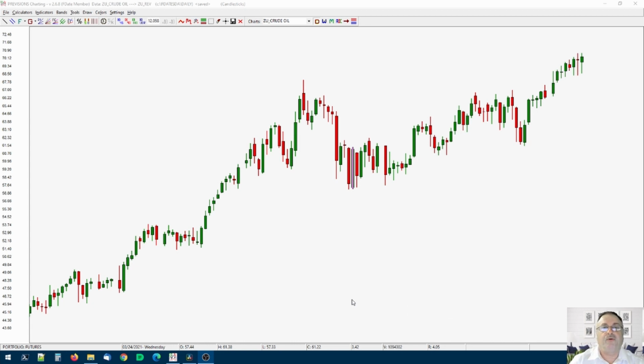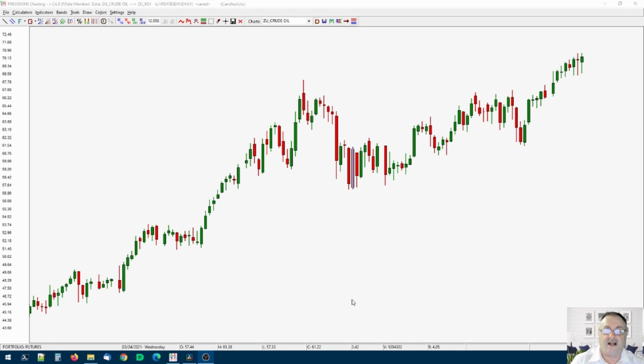There's something called pre-confirmation buy and sell setups. How these differ from standard buy and sell setups that we just covered is simply that you do not have that element of a confirmed weekly swing. In other words, for a buy setup, you don't have a confirmed weekly swing bottom.